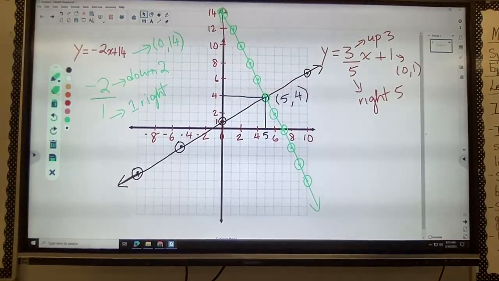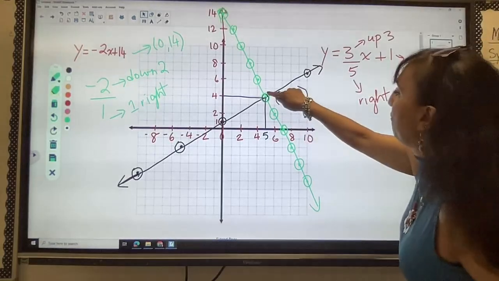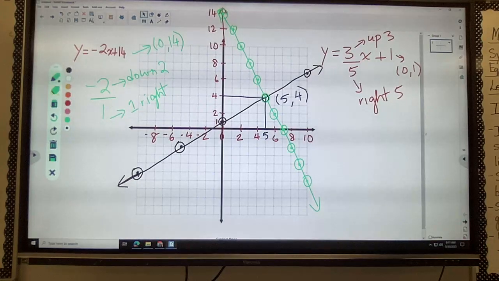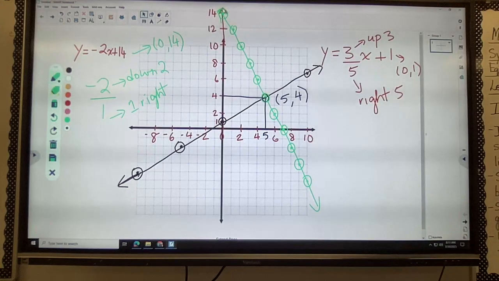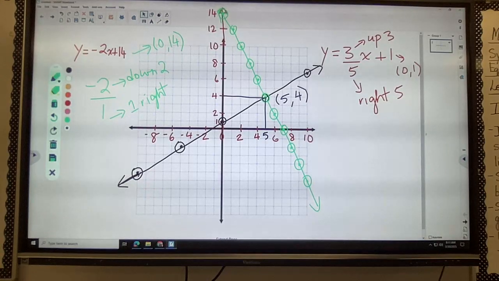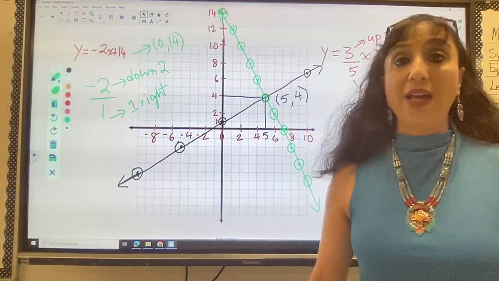Once again, the graphs of the lines intersect at the point 5, 4, and if you substitute 5 for x and 4 for y into the equations, both will be true. So 5, 4 is the solution of the system, and that's basically how I graph it.